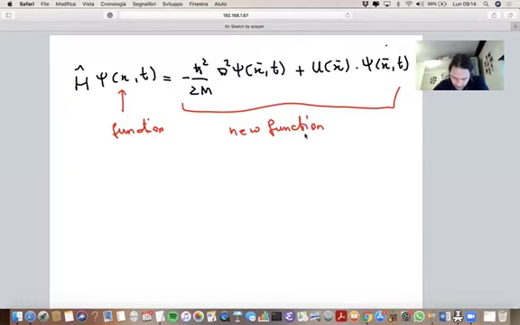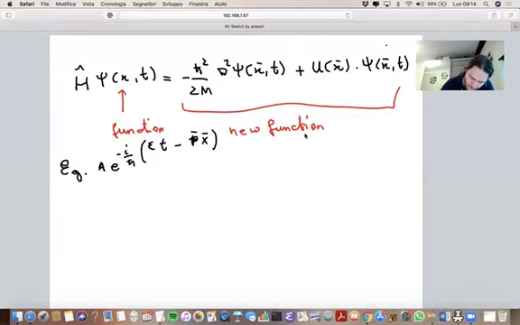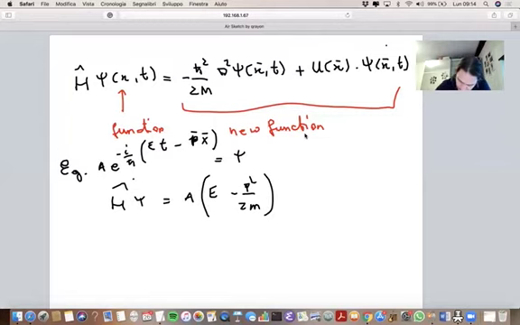We already have an example of this kind of operation. Remember? If my function was proportional to, say, something like this, well, if this is psi, then h acting on psi will be something like a, and then we get e to the minus psi squared over 2m psi, which is a different function because it contains a different constant in front.